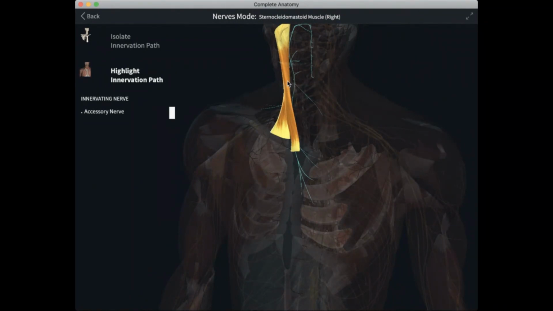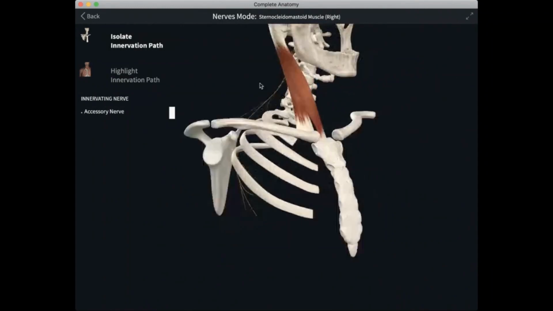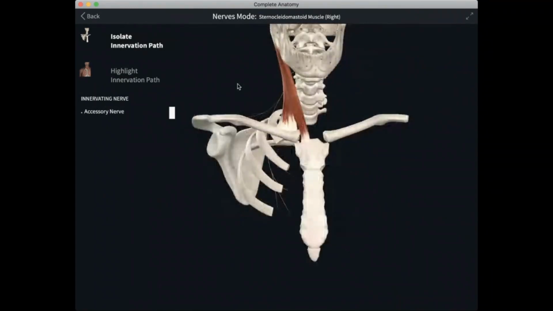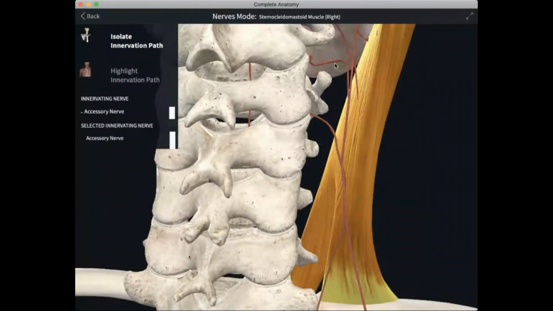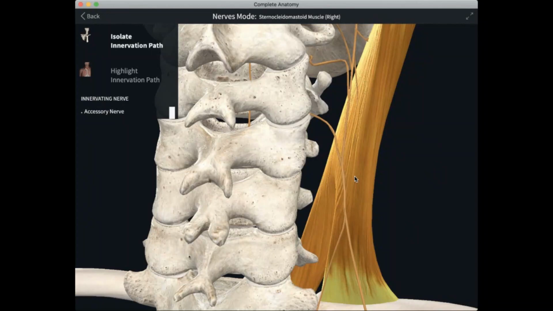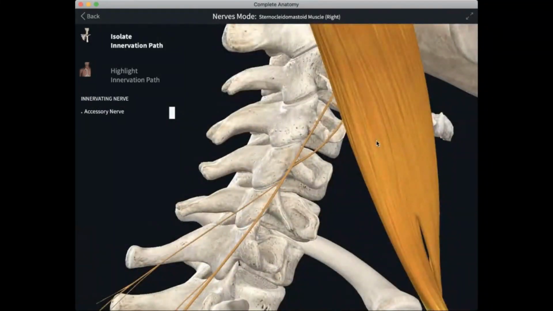The accessory nerve comes out of the cranium, the C2 and C3 nerves come and join it, and then it changes its name to spinal accessory nerve, supplying the trapezius and the sternocleidomastoid muscle.